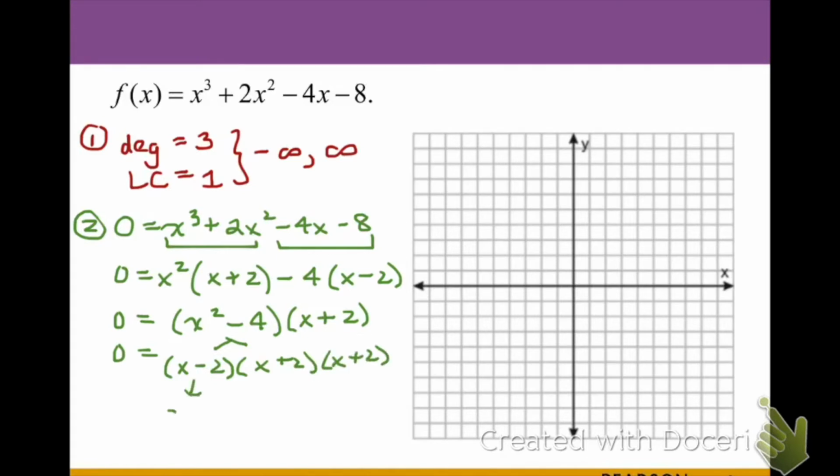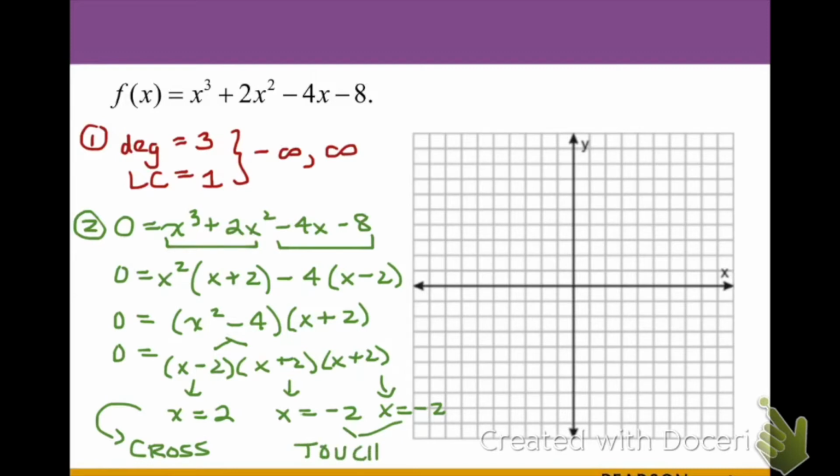If we set each of these factors equal to 0, we're going to get x equal to a positive 2, a negative 2, and then also another negative 2. So this means, if we think about the behavior of these zeros, since there's only one positive 2, which is odd, it's going to cross the x-axis. But since the negative 2 appears twice, giving us an even multiplicity, this means it's going to touch the x-axis.